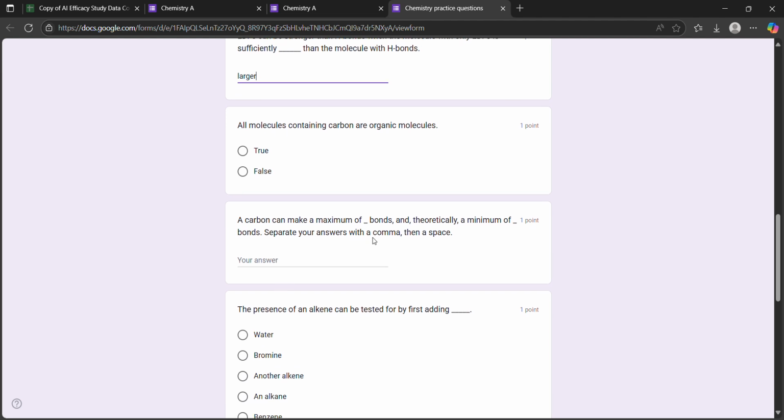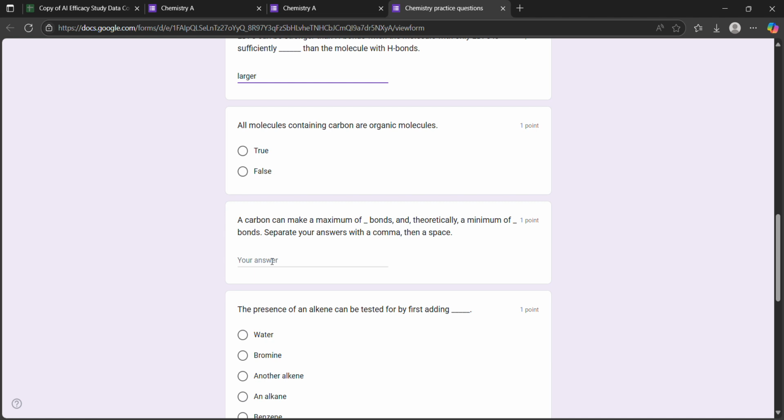Carbon can make a maximum of dash bonds and theoretically a minimum of dash bonds. Separate your answers with a comma, then a space. So the valency of the carbon is, I think, 4, but it is also asking a theoretical minimum.